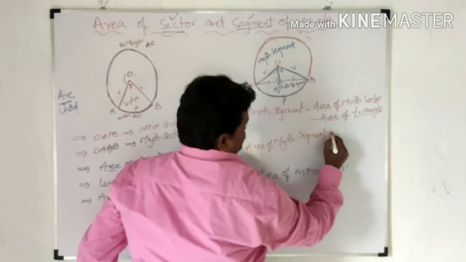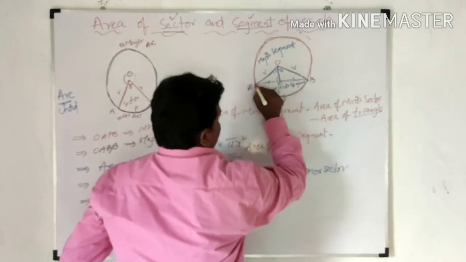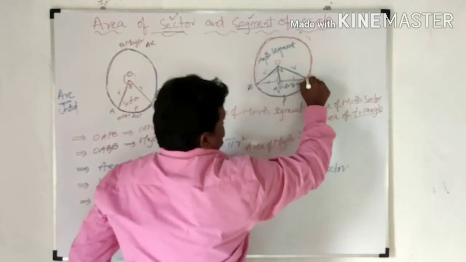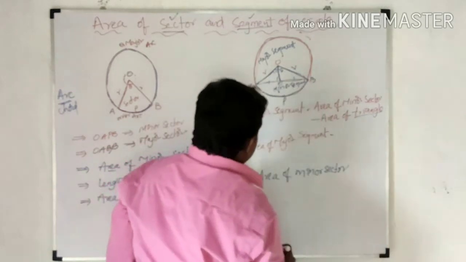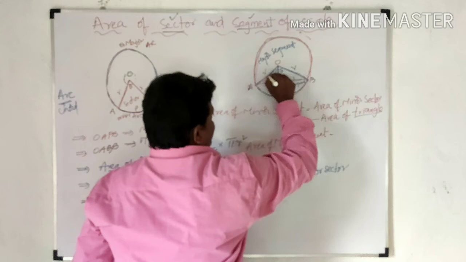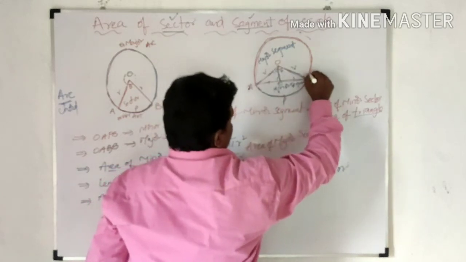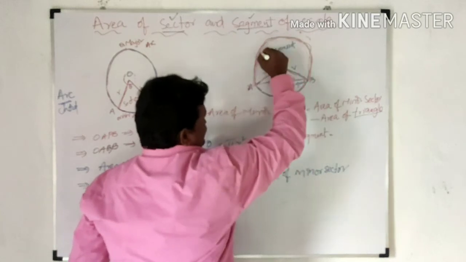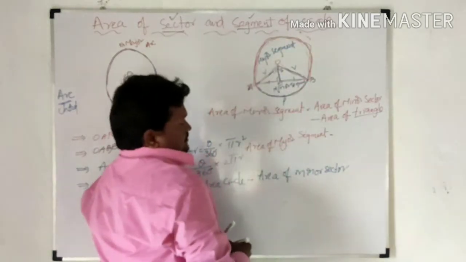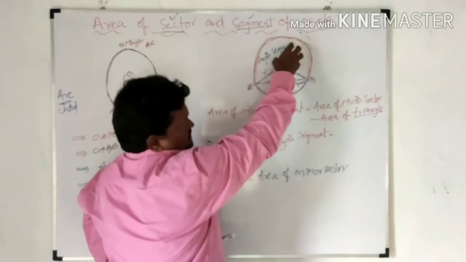How can you find this major segment? Here, in this minor sector, this will be the minor sector. For the major sector, this will be the major sector.